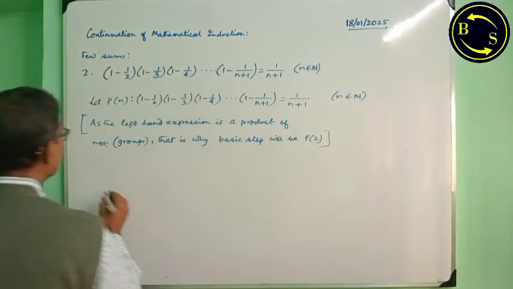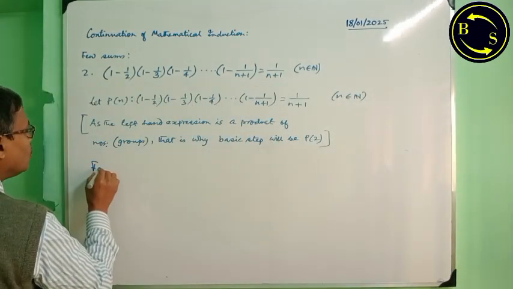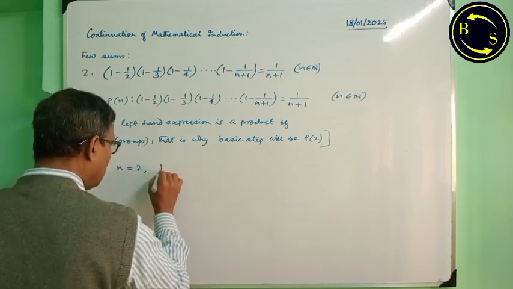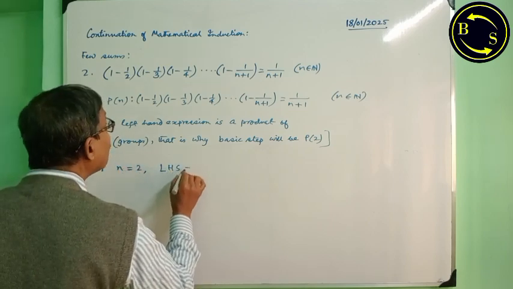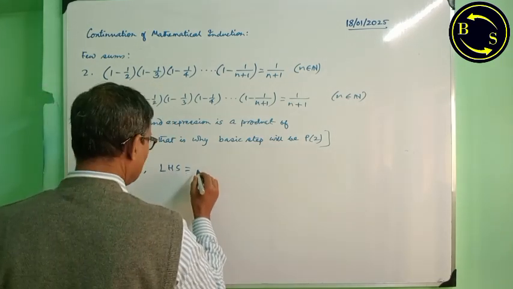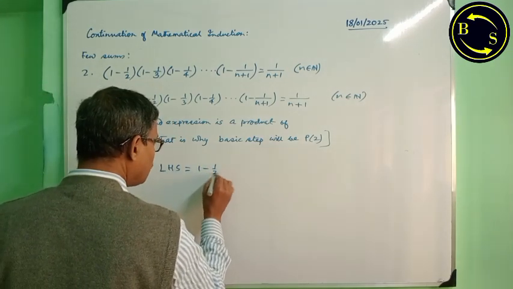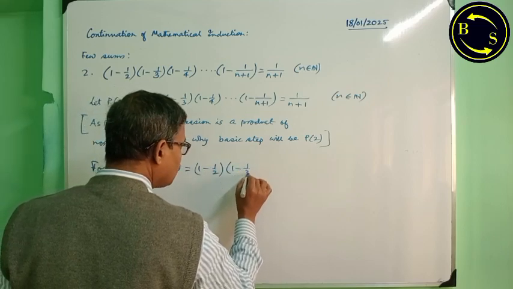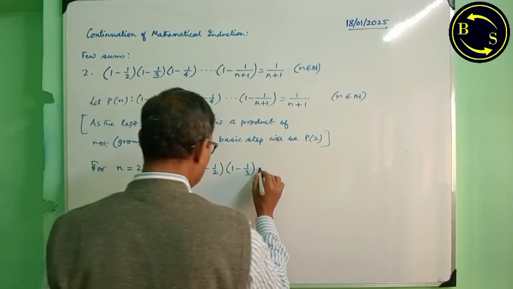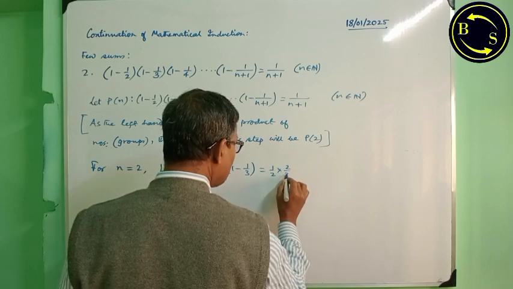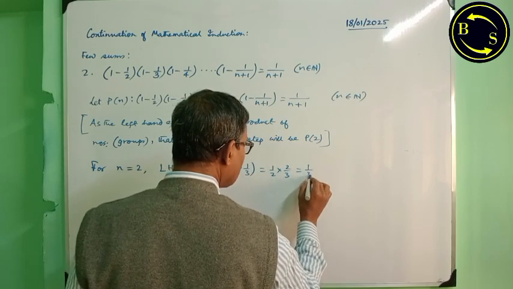Now for n equal to 2, LHS will be, that means two terms or two groups, 1 minus half into 1 minus 1 by 3, that is equal to half into 2 by 3, finally 1 by 3.